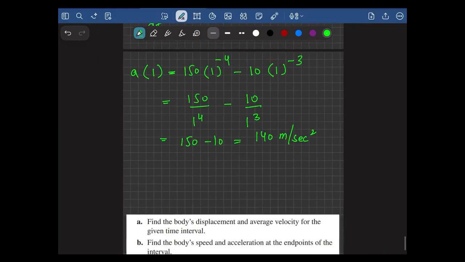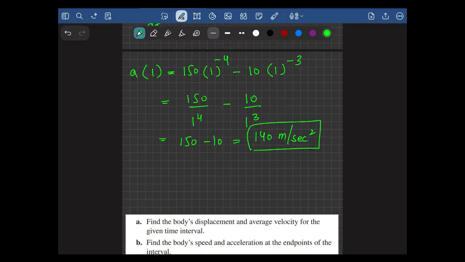square. That's the acceleration at one of the endpoints, and the acceleration at the final endpoint, which is 5, equals 150 into 5 raised to power minus 4 minus 10 into 5 raised to power minus 3. Just using the calculator here this time.